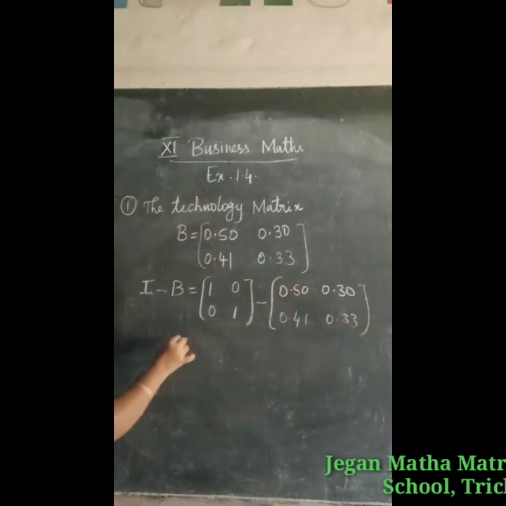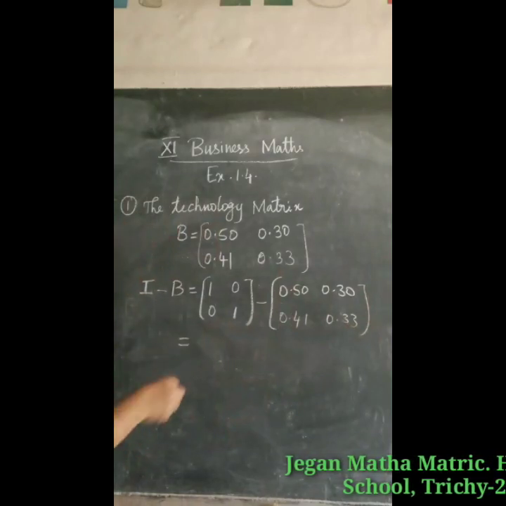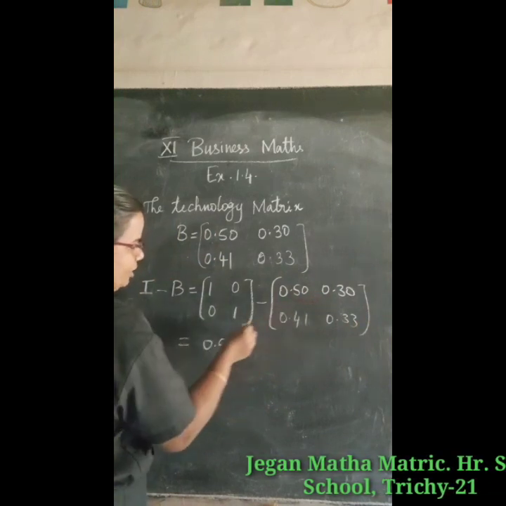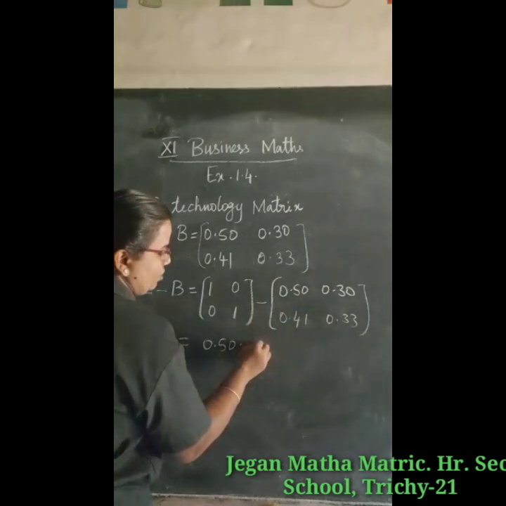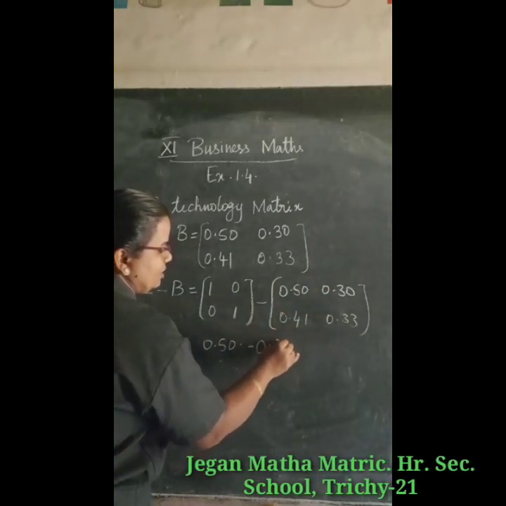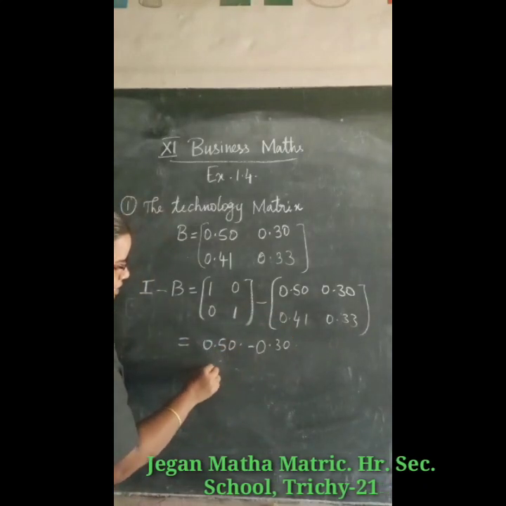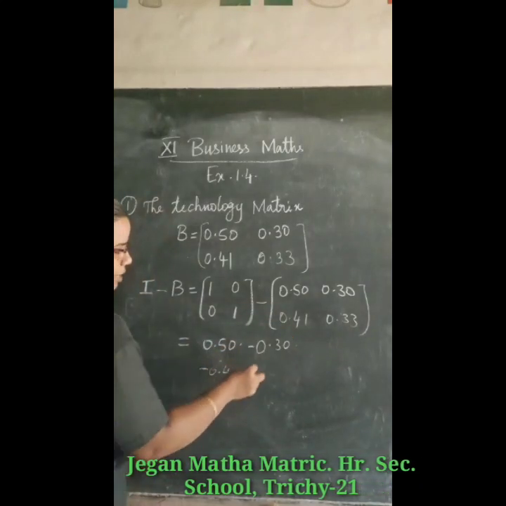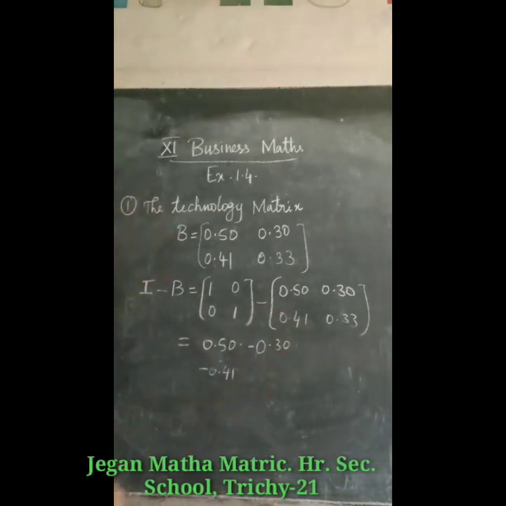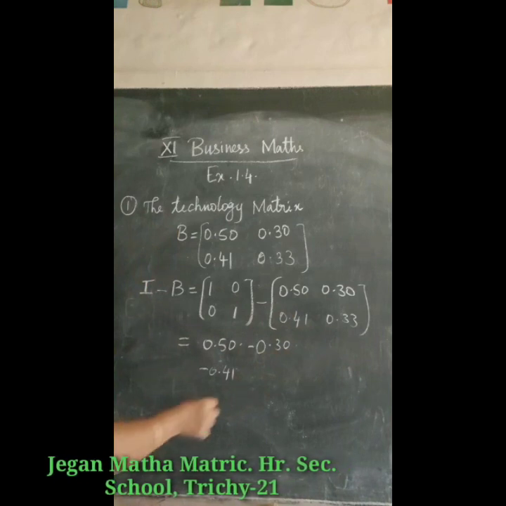Now we subtract: 1 minus 0.50 gives 0.50. Then 0 minus 0.30 gives minus 0.30. Next, 0 minus 0.41 gives minus 0.41. And 1 minus 0.33 gives 0.67.